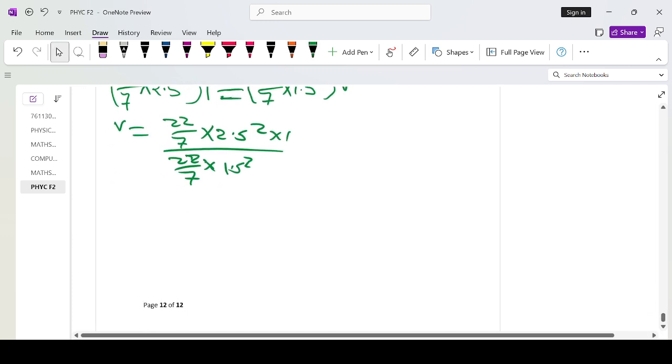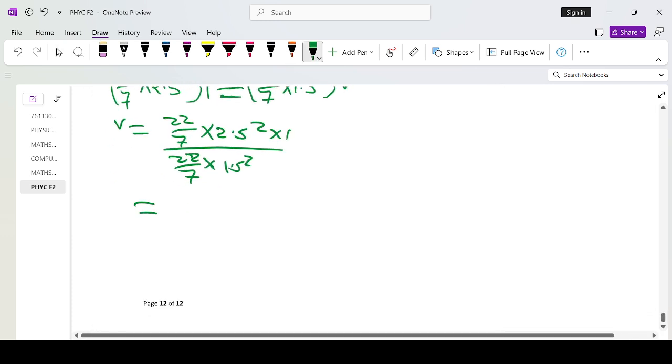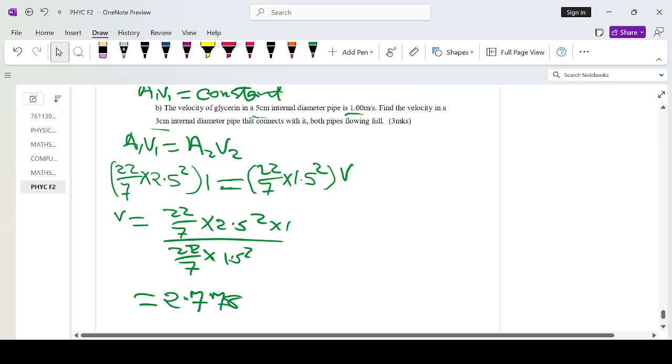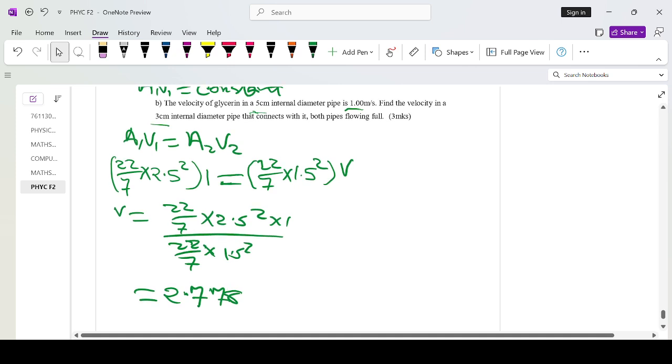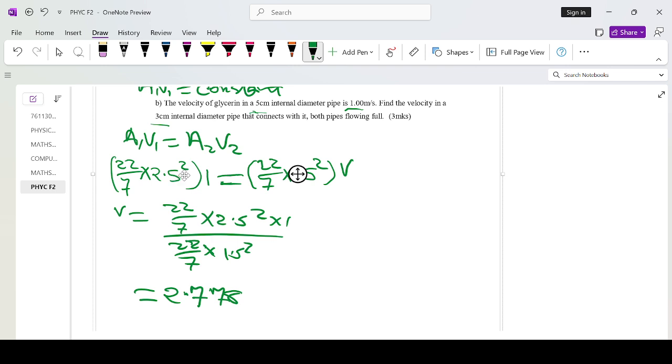Yes, like that. When you do that computation, I'm getting 2.77. Sorry, this one here you have to multiply, these are centimeters, times 10 power negative 4.